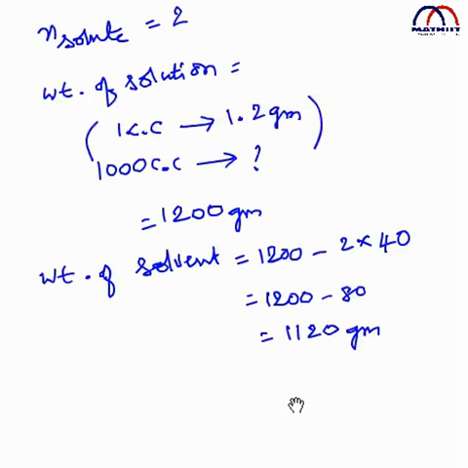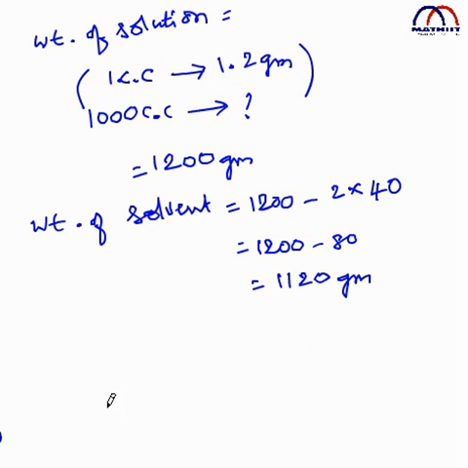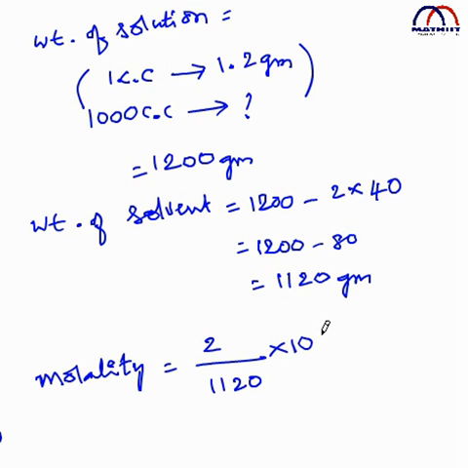Now let us substitute this in the formula to calculate the molality. Molality is equal to the number of moles, which is 2, divided by 1120, into 1000.